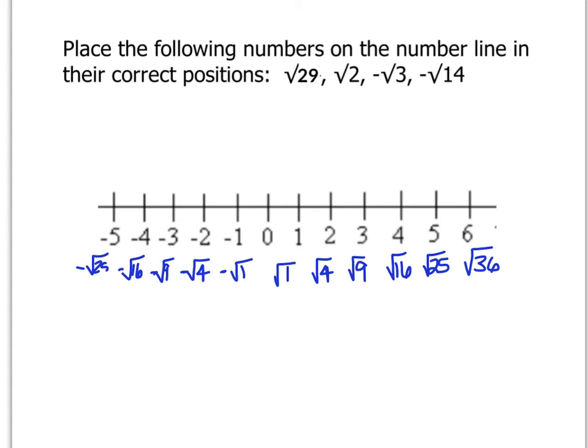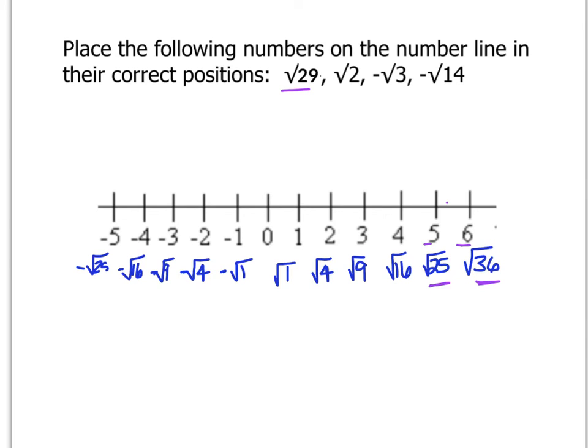Okay, so this first one, the square root of 29, I know is going to be in between 5 and 6 because it's after the square root of 25, and it's before the square root of 36. When I think about that, I see 29 is slightly closer to 25 than it is 36.